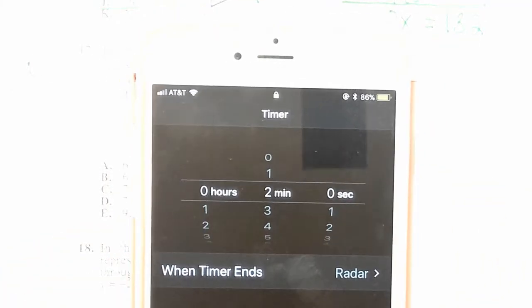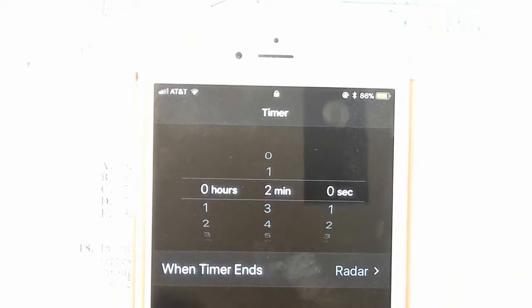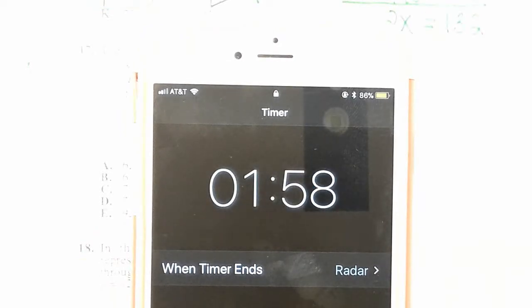3, 2, 1, go. 17 and 18. You try those two.